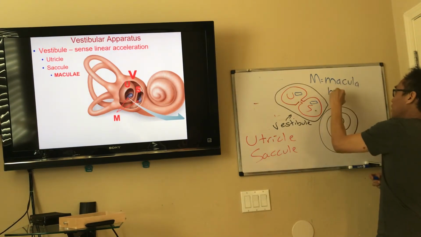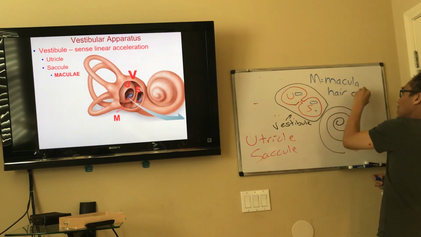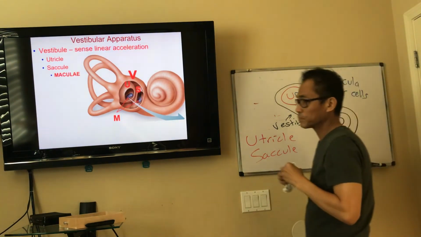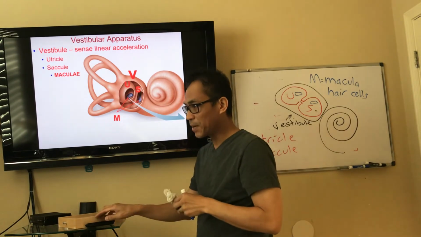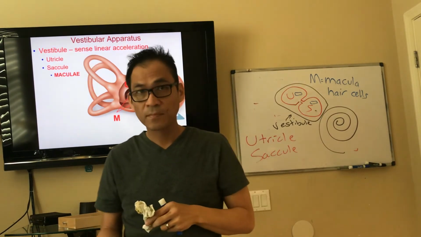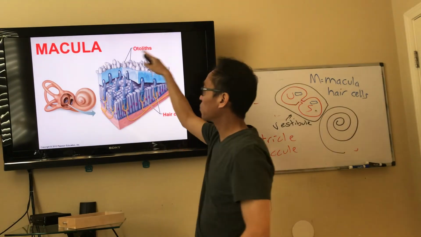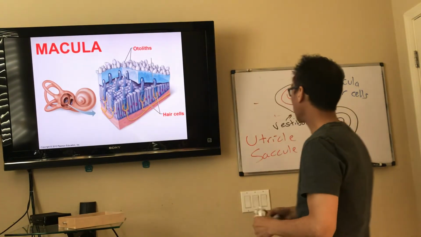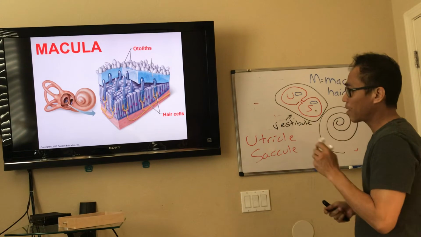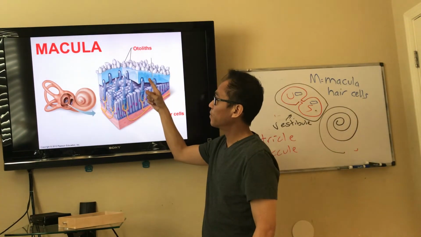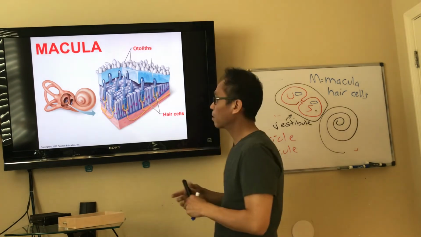And it's the macula that has the hair cells. Here's a picture of the macula, shown on the slide there. So this little structure is this structure there. And so what we see for the macula is that the hair cells are now embedded in this otolithic membrane.